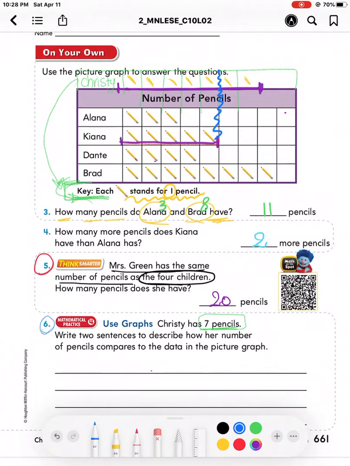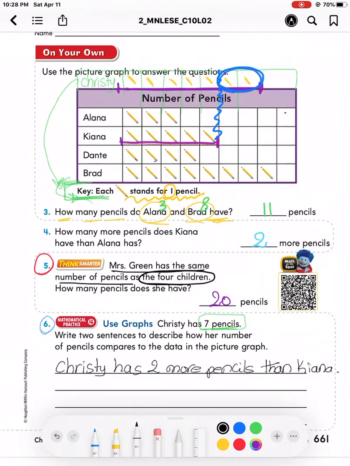So if I take all of this, they are the same till here, and we have 2 more. Okay, so I can write the first sentence like this: Christy has 2 more pencils than Kayana.